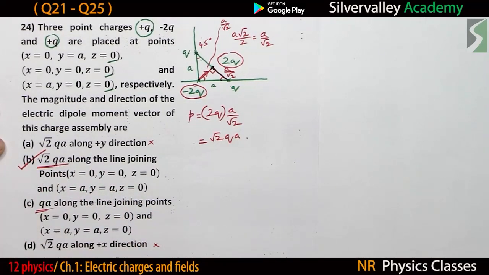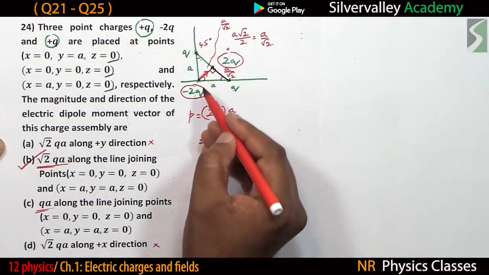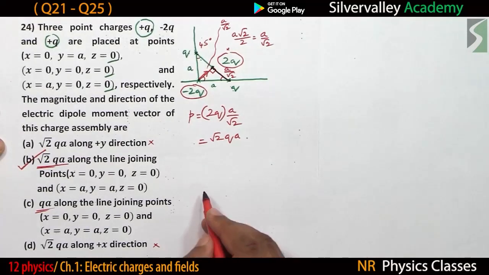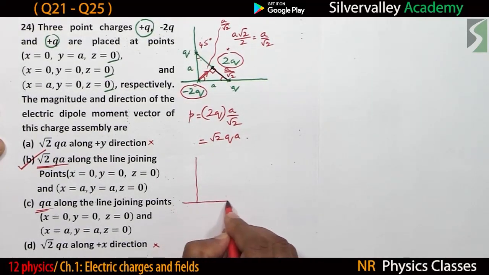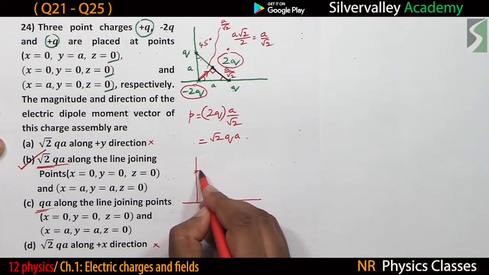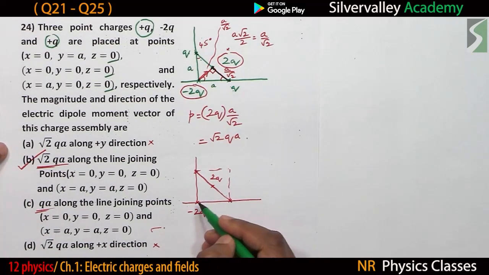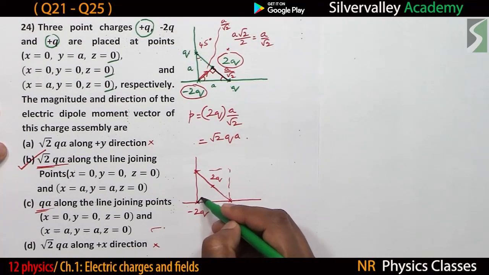Now check the direction, along 0, 0, 0 to a, 0, a. This is a, this is a. So the direction of this, let me draw the diagram again. Y axis, x axis, this is a, this is a. Here lies 2q, here is minus 2q. Direction of dipole moment is from minus 2q to plus 2q in this direction.